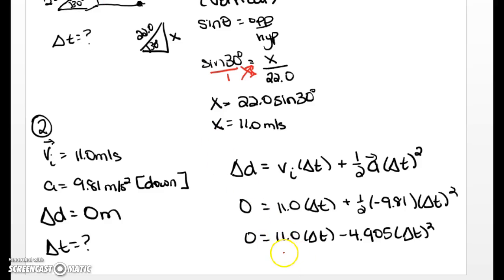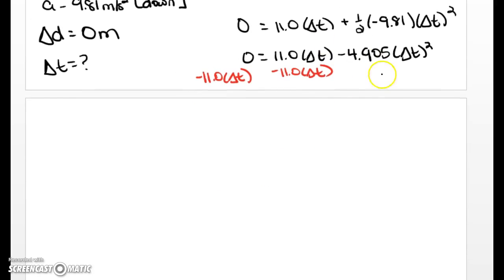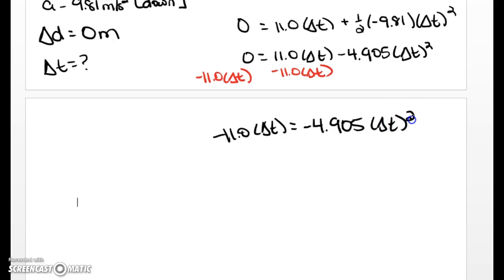So here I'm going to subtract 11.0 delta t. And so from there I have negative 11.0 delta t is equal to negative 4.905 delta t squared.